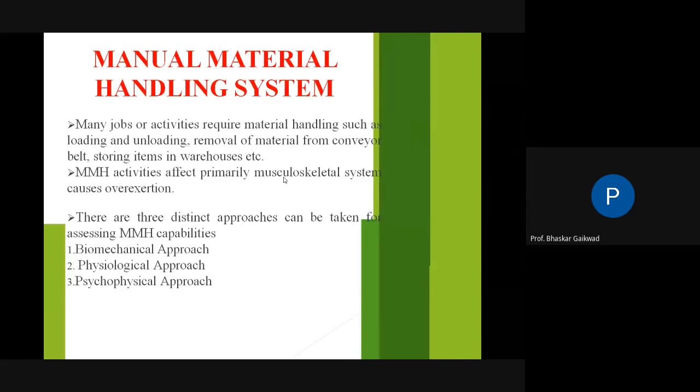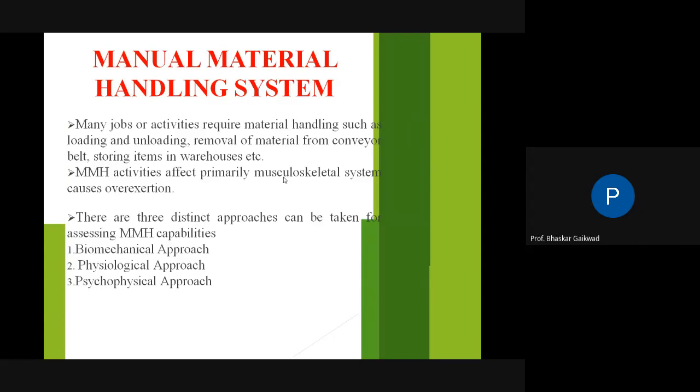Very simple thing is that the capability of the person needs to be checked while material handling. Suppose 20 kg weight is there and needs to be handled by a man. So here we require a strong person, an experienced person, we will not use any old persons or children.